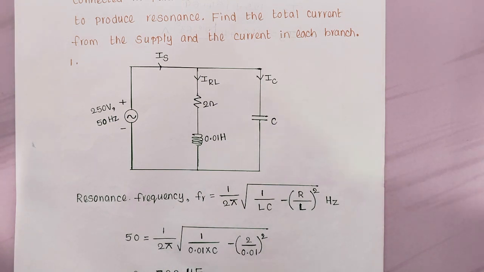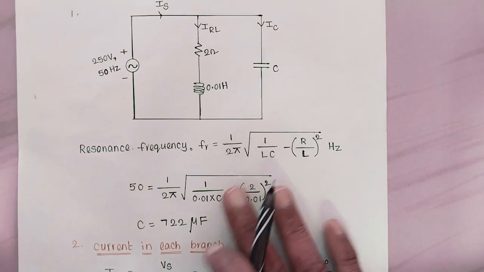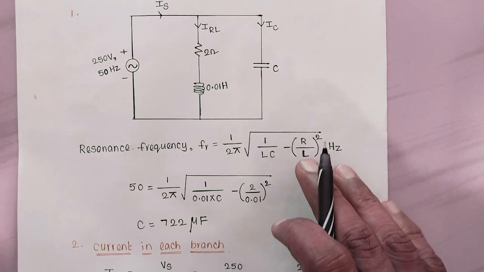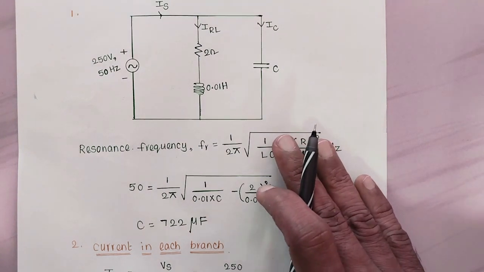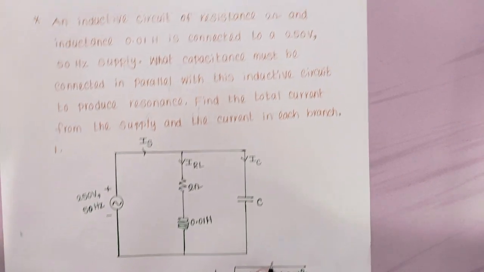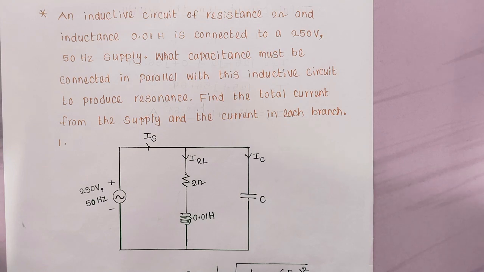If you substitute those values, C is the only unknown, so we can find C. The value of C here is 722 microfarad. At that value, this tank circuit is under resonance.